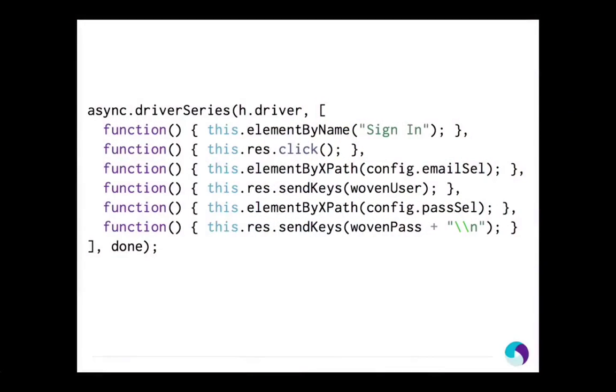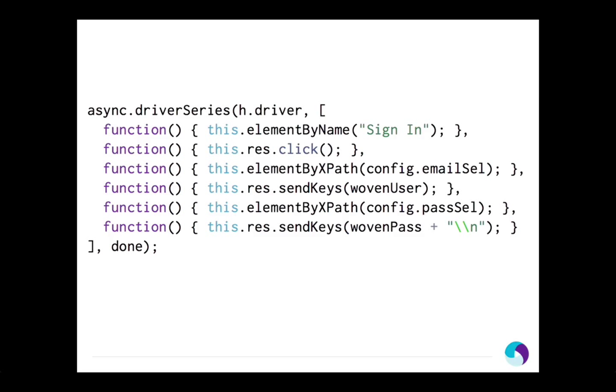And the actual test logic looks like this. Or this is the beginning part of the test that you're going to see. Driver series is, again, something I wrote so that I could have all of these methods appear one after the other on different lines, rather than having a big JavaScript callback pyramid that looks really horrible on slides.